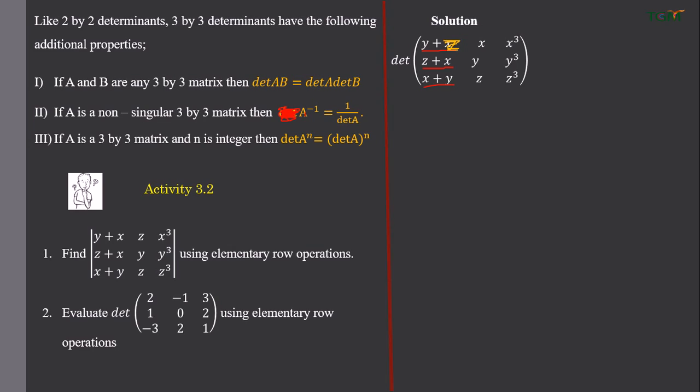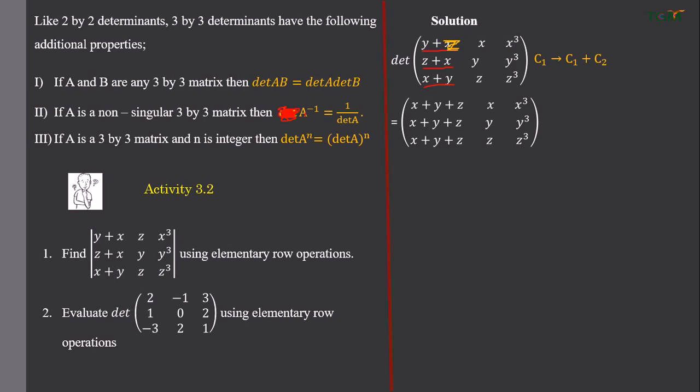So we are going to add column 1 and column 2. The operation will be column 1 is equal to column 1 plus column 2, and that will give us X plus Y plus Z, X plus Y plus Z, X plus Y plus Z, X, Y, Z, X cubed, Y cubed, and Z cubed.